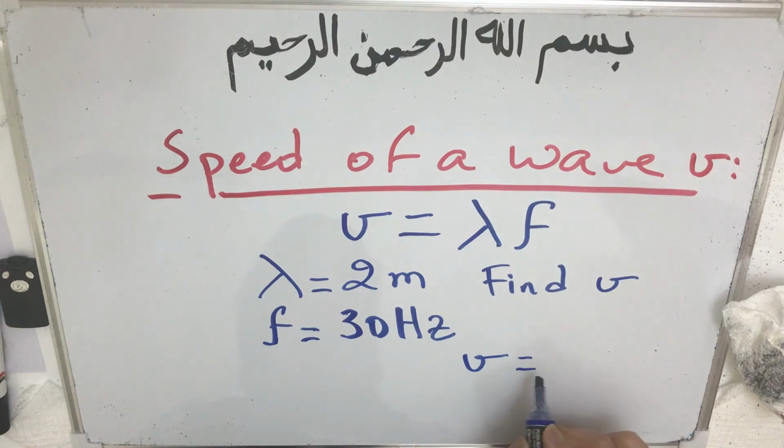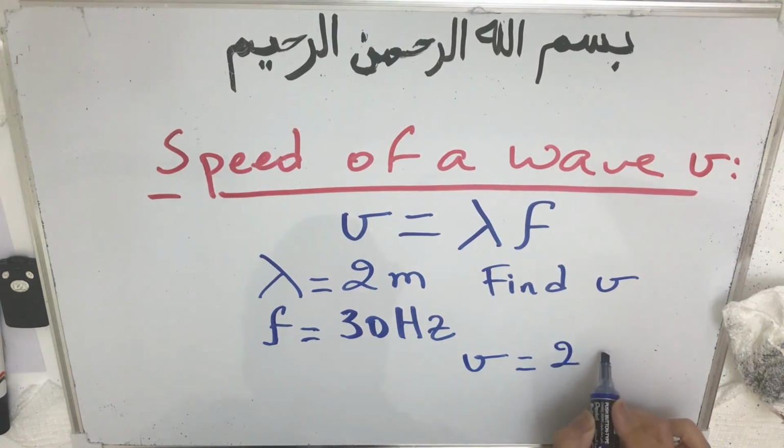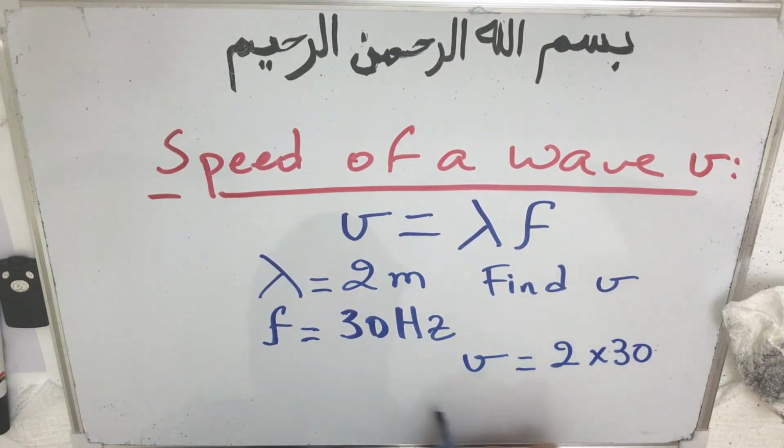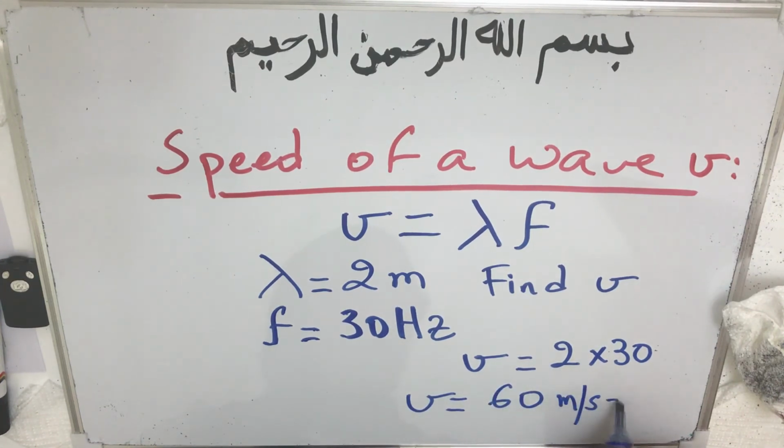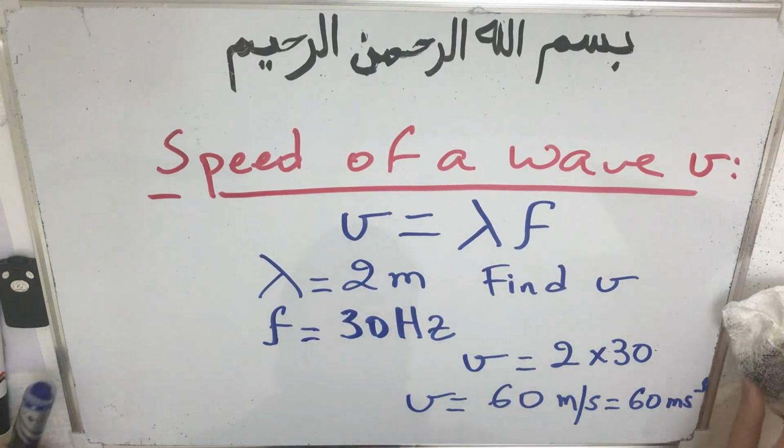V equals lambda, which is 2, times the frequency, which is 30. So V equals 60 meters per second, or 60 second minus 1. Up to you. The IB really prefers the S to the power of minus 1, but it really doesn't matter. Okay, so I hope that this is very, very clear.